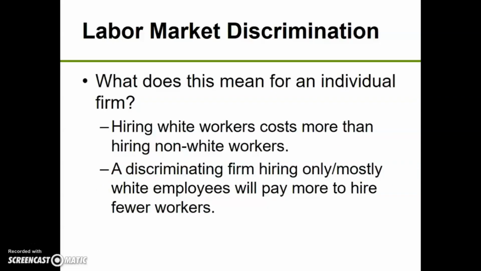So what would that mean for an individual firm? Well, if there's a higher market wage for white workers, then hiring white workers now costs more than hiring a non-white worker. And a discriminating firm that wants to only or mostly hire white employees is going to end up paying more, meaning they'll hire fewer workers than they would have before.